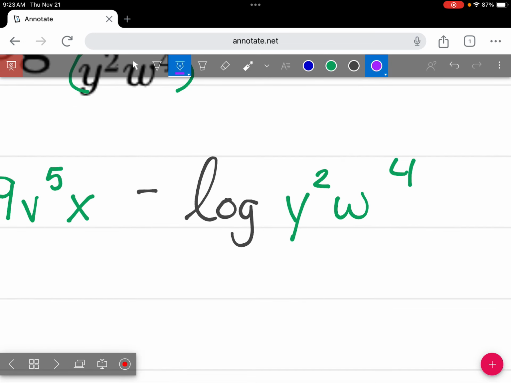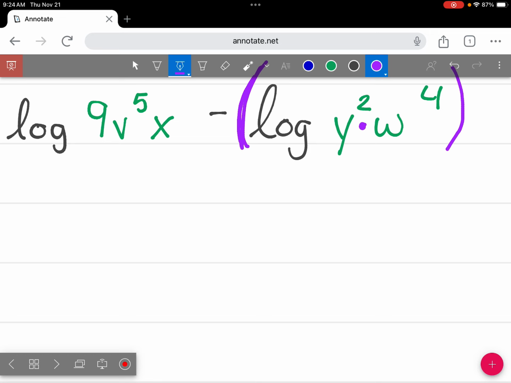When I come through now and I take my multiplication and make it addition, we need to be super careful that we subtract this whole piece. So when I'm switching this multiplication to be addition, I need to make sure we have that pair of logs in parentheses so we wind up with correct signs. So this one's going to get really long. I'm going to skip a couple of lines just so I wind up with plenty of space. So this is going to come down here.